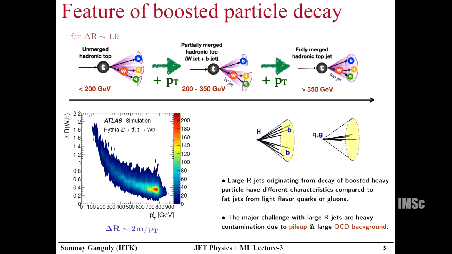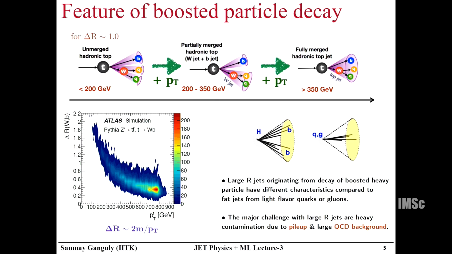So what goes into making this plot? I know the mass of the top quark, 173 GeV. Now I see that if the top is boosted, what should be the optimal value of delta R so that I catch the hotspot, right? So here in the simulation, they started with something like a 750 GeV top quark and found from the numerical simulation that delta R between the W and bottom, the subjet mutual angle, should be around 0.4.